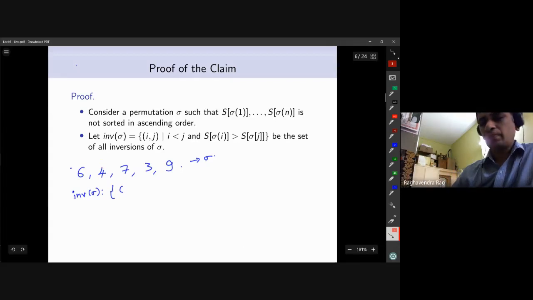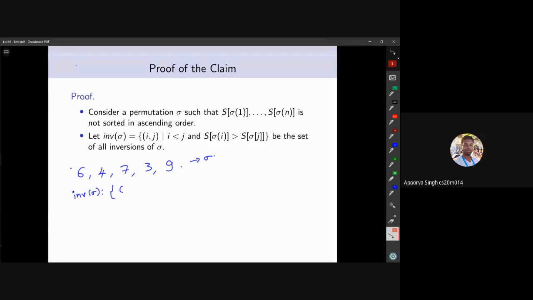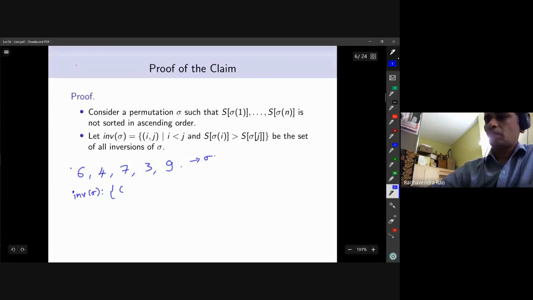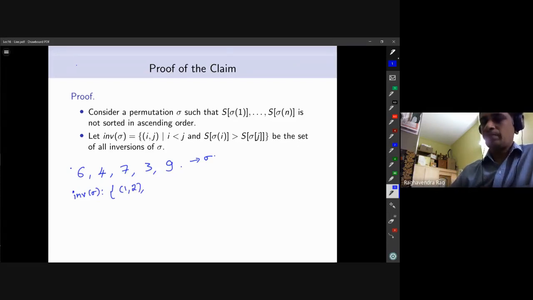Is it an inversion? Yes, it is an inversion, right? 6 is greater than 4. So 1, 2 is an inversion. 1, 3, is it an inversion? No, right? 6 is less than 7. So 1, 4, is it an inversion?